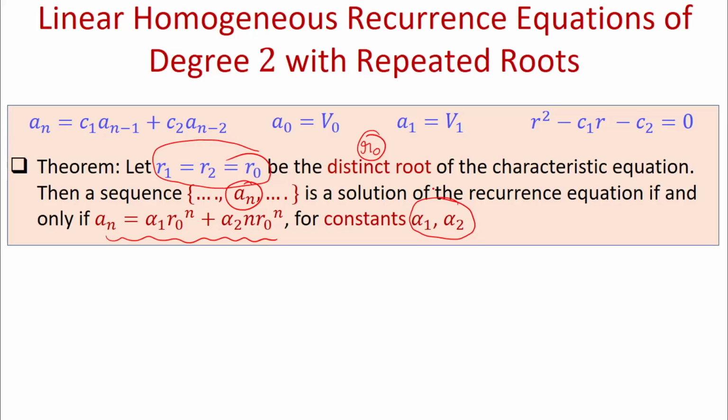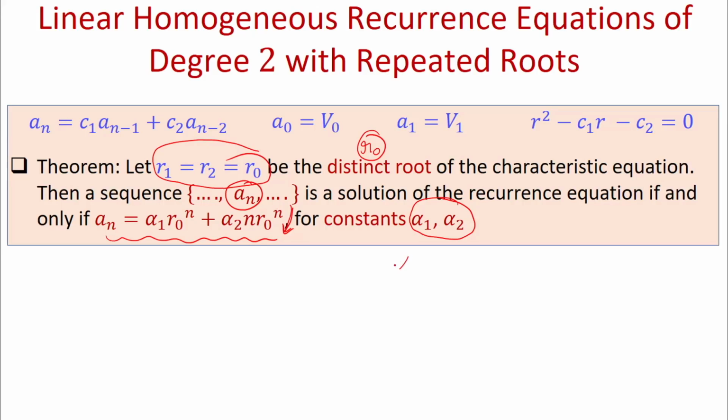But if they are not given to you, then we end up with the generic form, or the general term, of any sequence satisfying the recurrence condition, and this will be a constant times r0 power n plus another constant times n into the same characteristic root raised to power n. So that's the difference here.